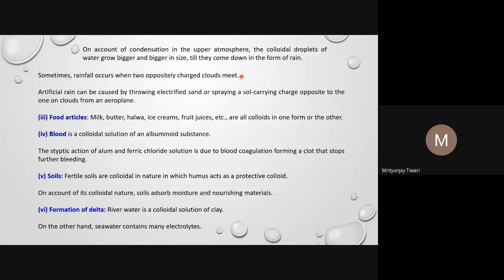Artificial rain can be caused by throwing electrified sand or spraying a salt carrying charge opposite to the one on the clouds from an aeroplane.